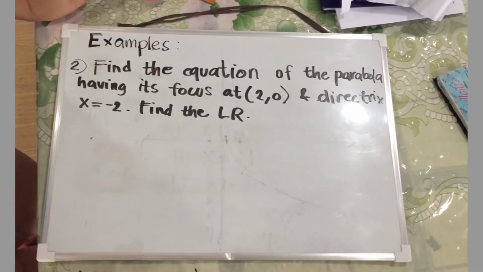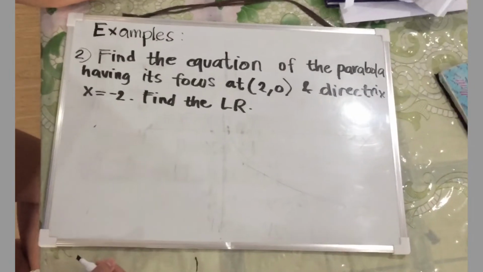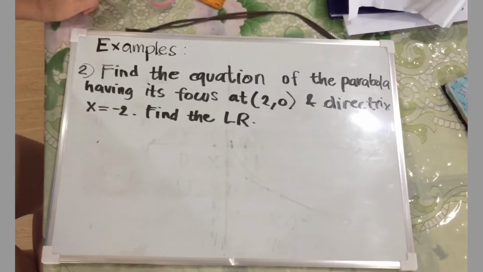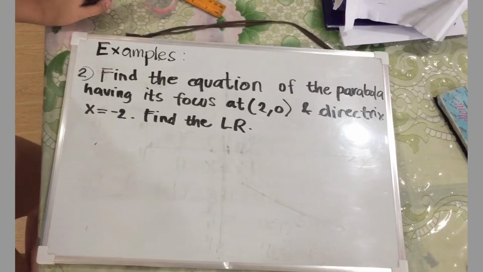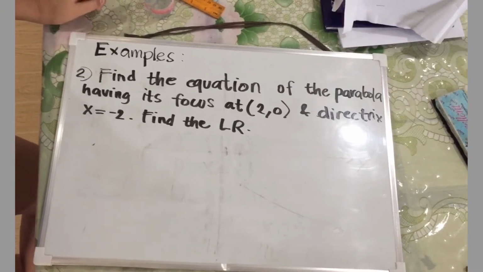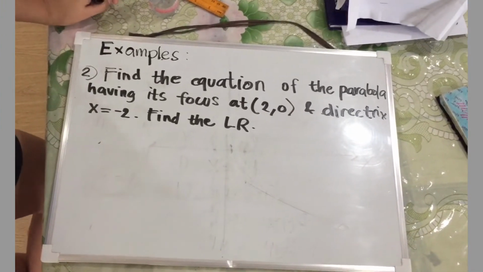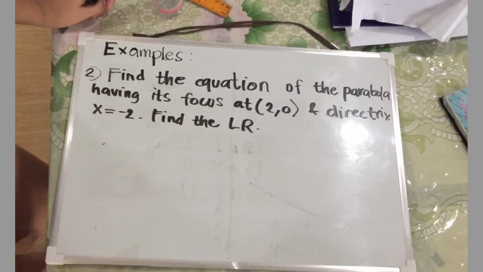So let's proceed to example number 2. Find the equation of the parabola having its focus at point 2, 0 and the directrix x equals negative 2. Find the LR or the latus rectum.